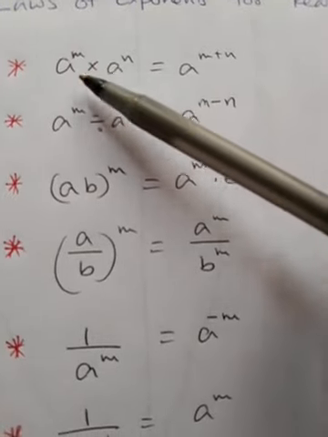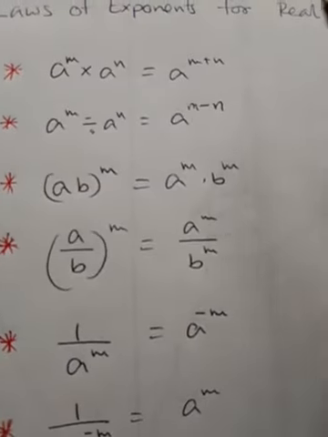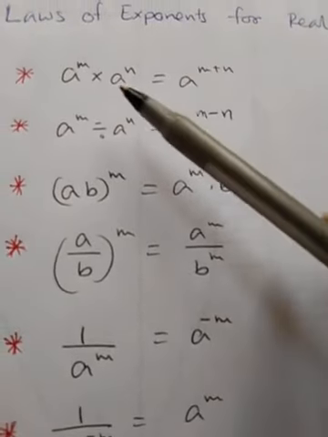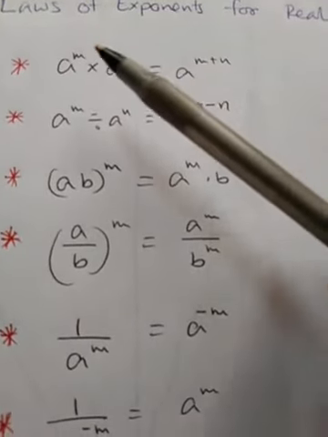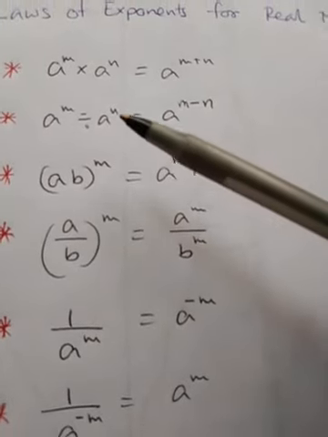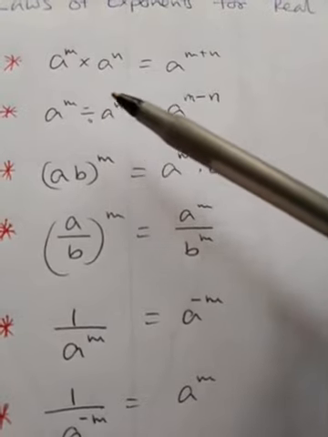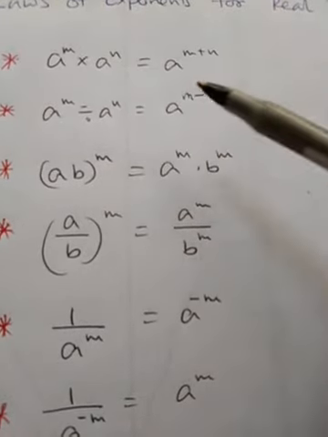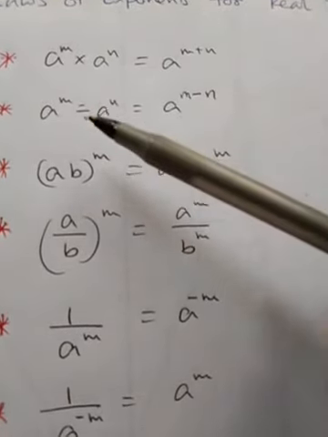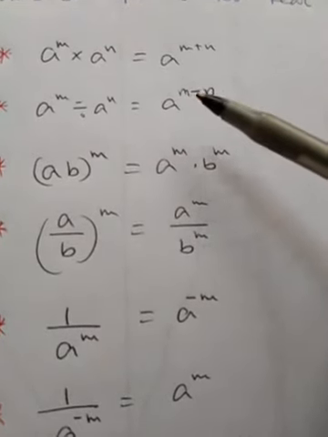When the bases are the same, then in multiplication we have to add the exponents, that is m plus n, and then next when the bases are the same and we have to divide, then we have to subtract the exponents.